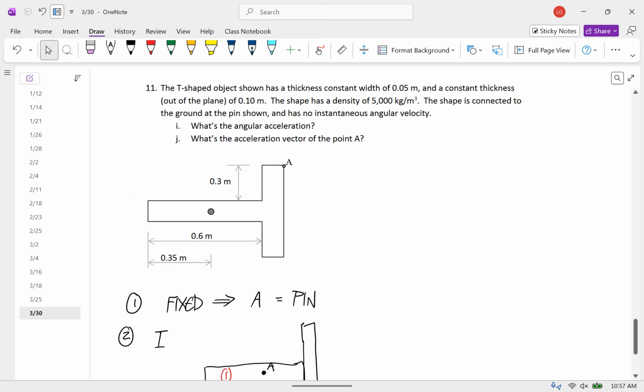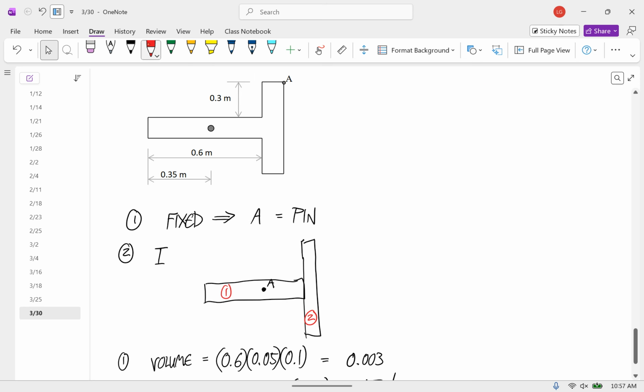Yeah. So for rectangle 1, the center of mass is right at the middle. So this distance is 0.3. This distance is given as 0.35. And so the distance from the center of mass of that rectangle to A is just 0.35 minus 0.3.